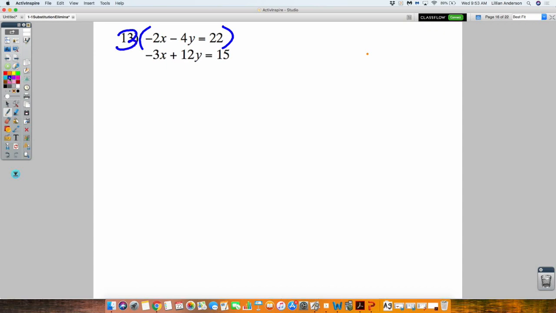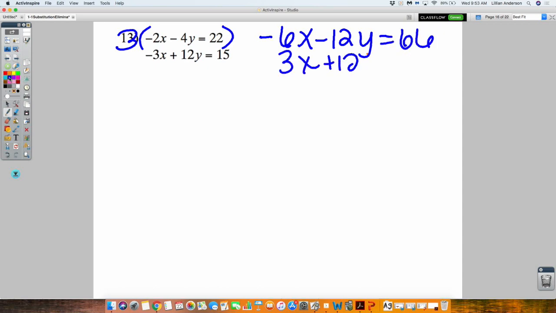To get rid of the y. So that became a negative 6x minus 12y equals 66. Do nothing to the second equation, and my y's will cancel out. Negative 6x plus 3x is what?